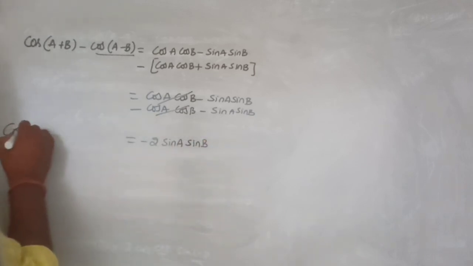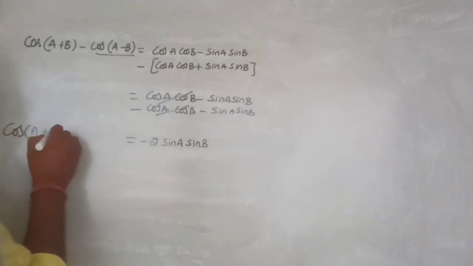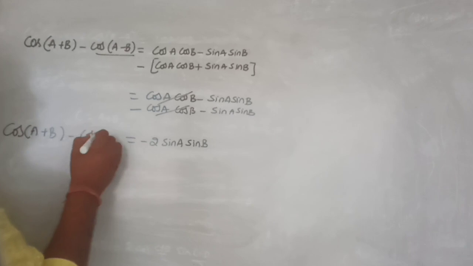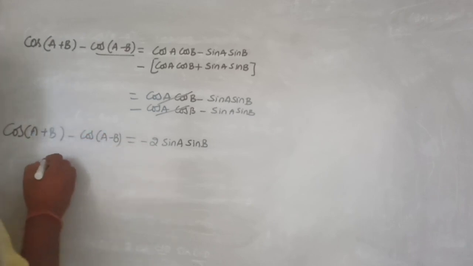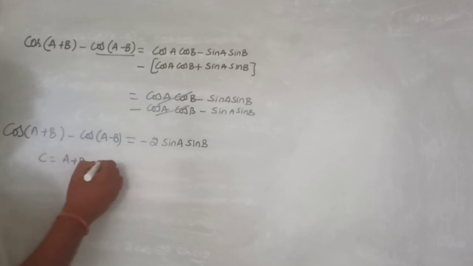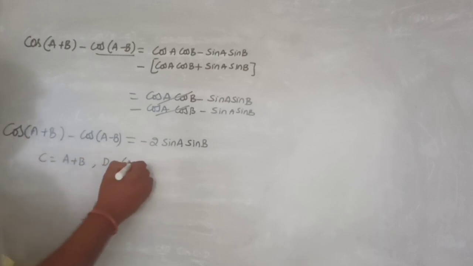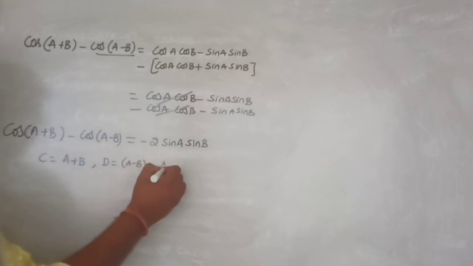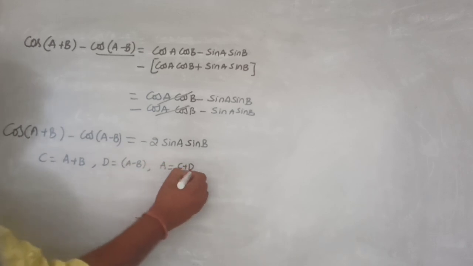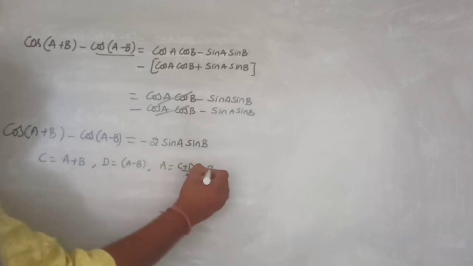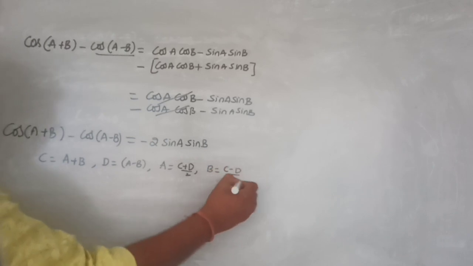So here, cos of A plus B minus cos of A minus B. We know that C is equal to A plus B, D is equal to A minus B, A is equal to C plus D by 2, and B is equal to C minus D by 2.